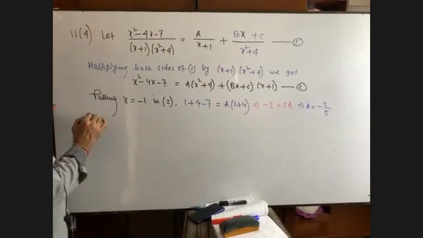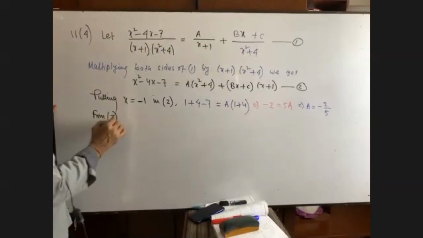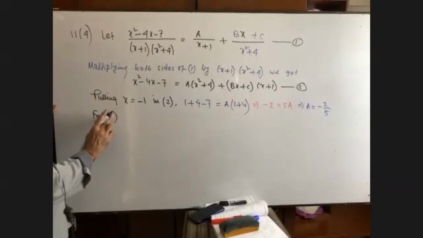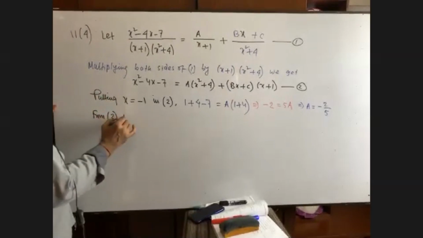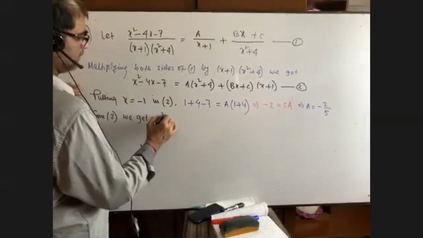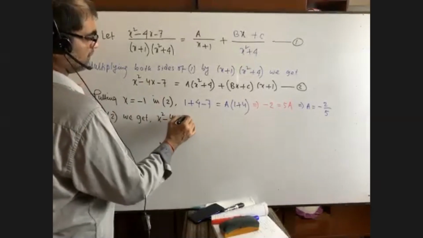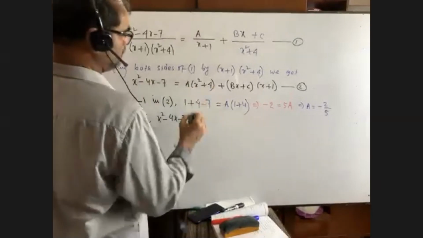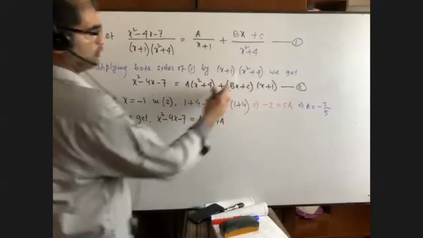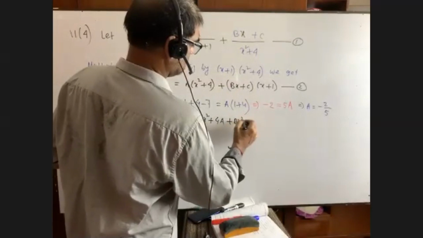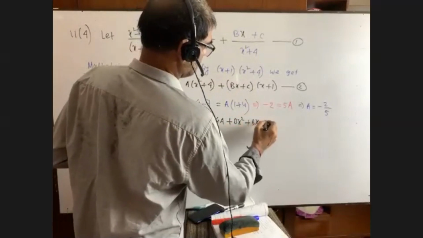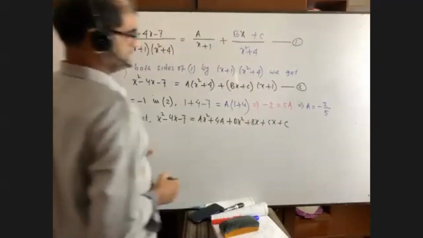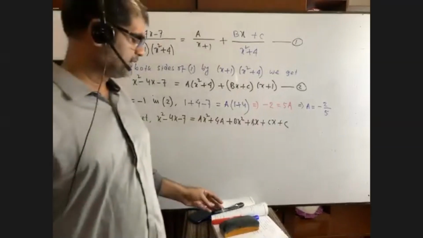From 2 we get x square minus 4x minus 7 is equal to plus 4a, bx square plus bx plus cx plus c. I have just multiplied. Nothing else I have done here.